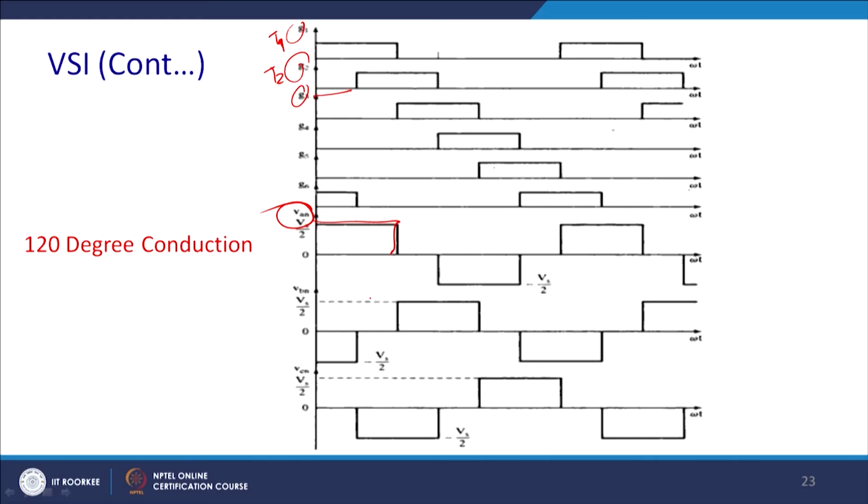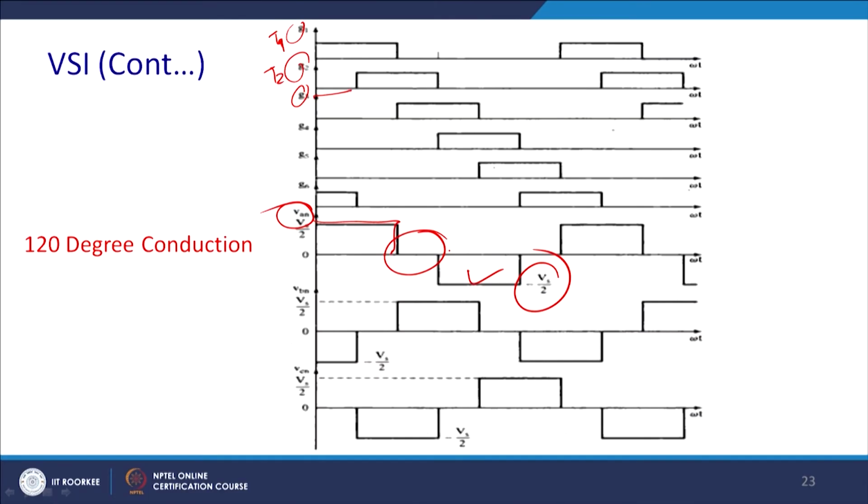After that, once T1 is off, then you will not get any voltage across VAN. Then again after an interval of pi by 6, the lower thyristor T4 is triggered and you will get minus Vs by 2. Similarly, the lower thyristor was conducting for phase B, thereafter it will be off for the period of 60°.